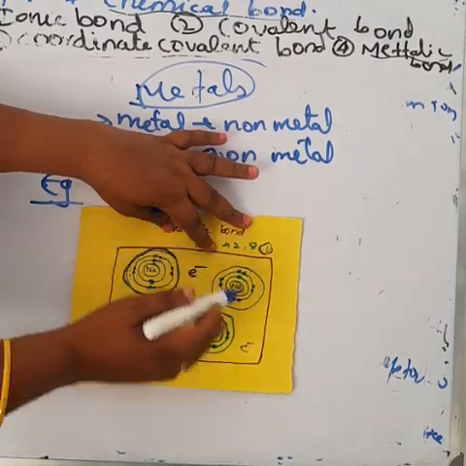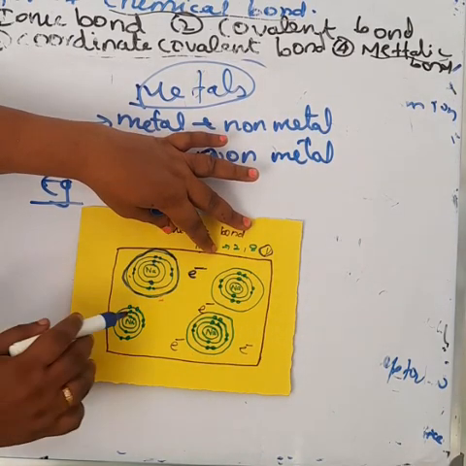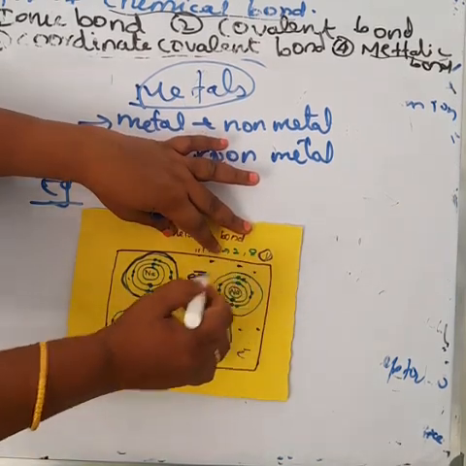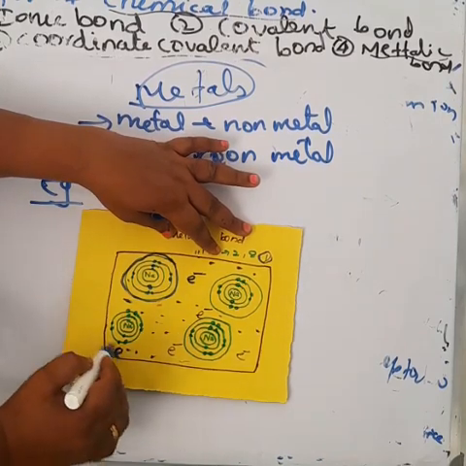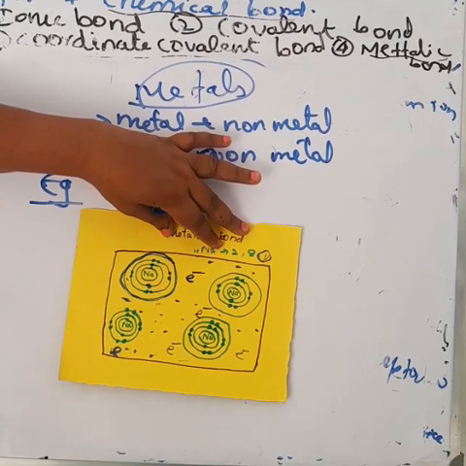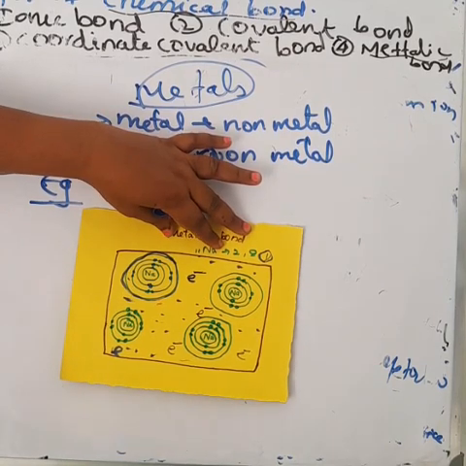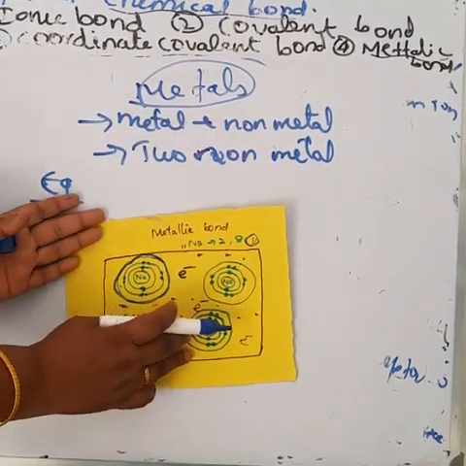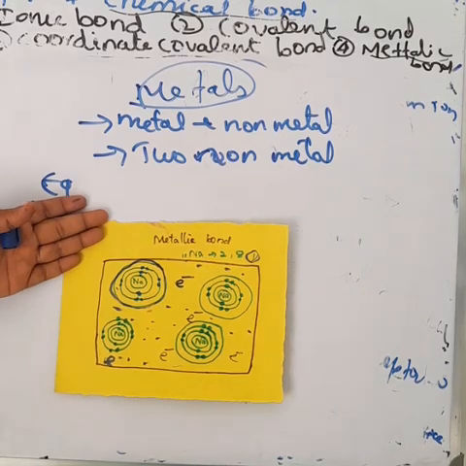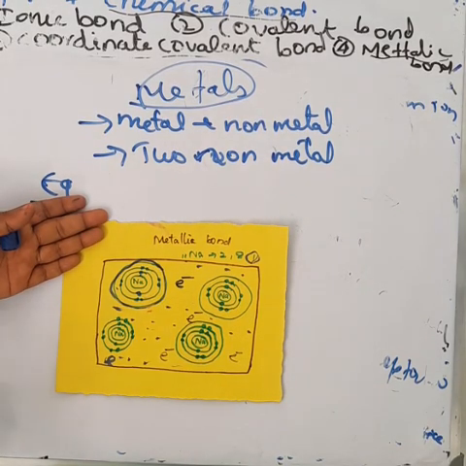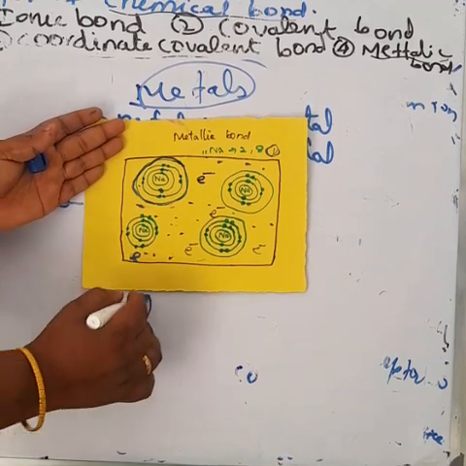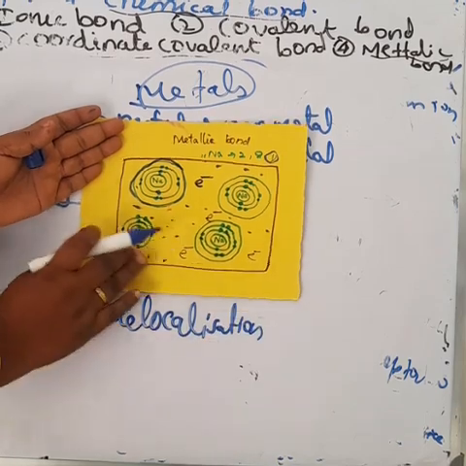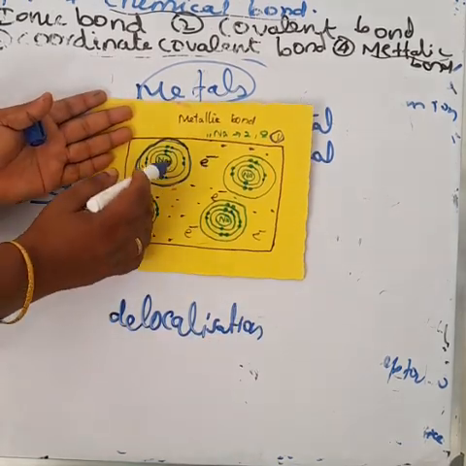Instead of orbiting their respective metal atoms, they form a sea of electrons floating around the positively charged atomic nuclei of the interacting metal ions. For example, this is the outermost orbit electron of the sodium atom.